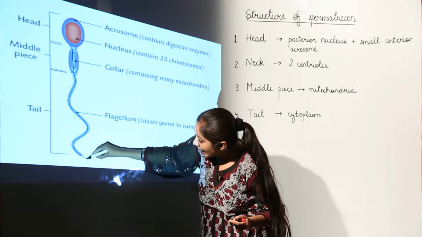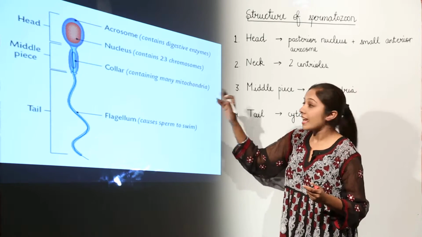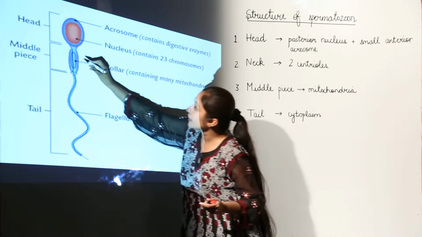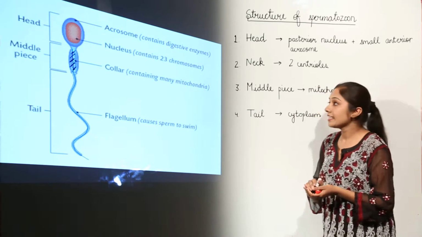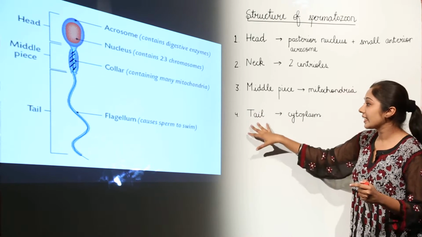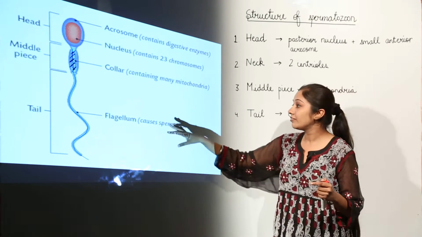Sometimes it ends up free like this. Around this axial filament, as I told you, in the middle piece we have mitochondria. So here you can demonstrate some mitochondria, and this mitochondria is giving energy to the sperm, and the tail is mainly composed of cytoplasm, and this tail is also known as flagellum.